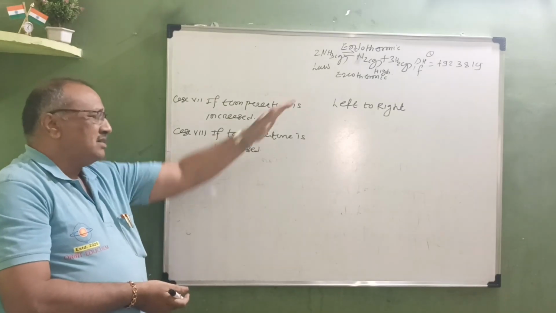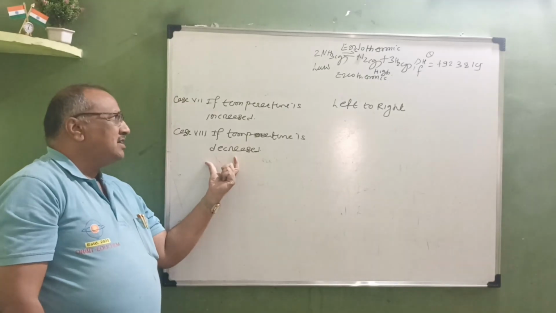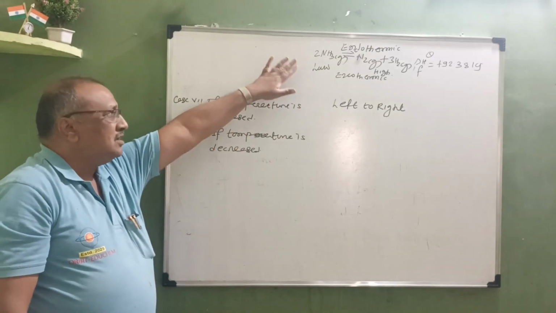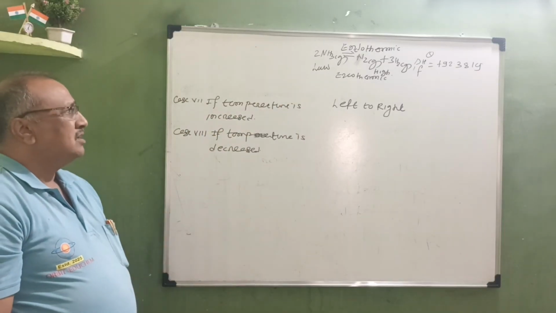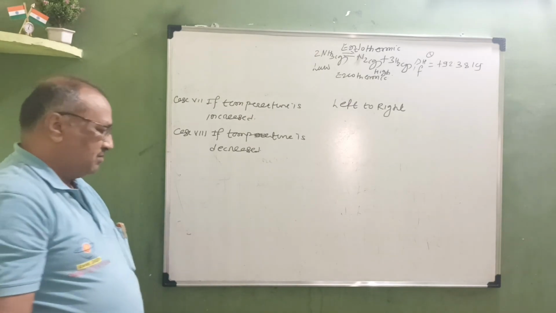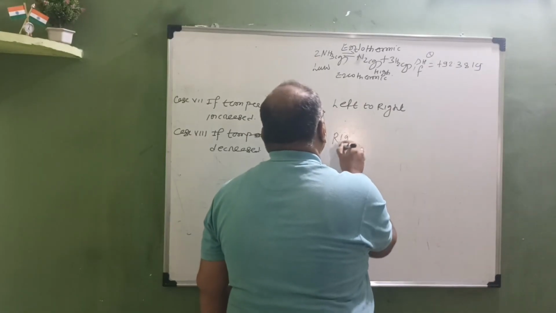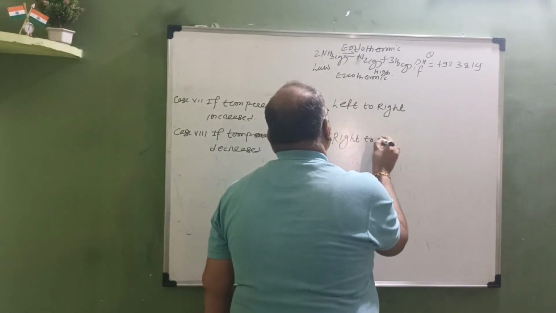And keep in mind, the exothermic reactions are favored with decrease in temperature. Here the given reaction is exothermic in the backward direction, that is from right to left. Here equilibrium of this reaction will shift from right to left.